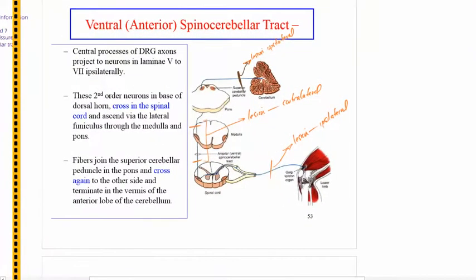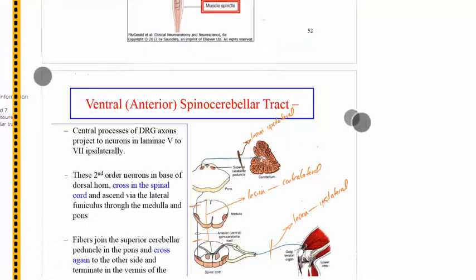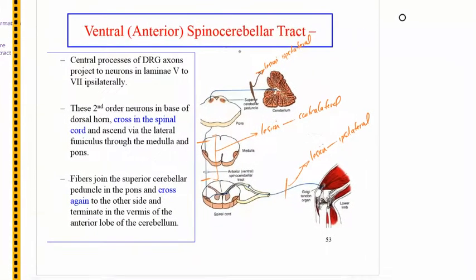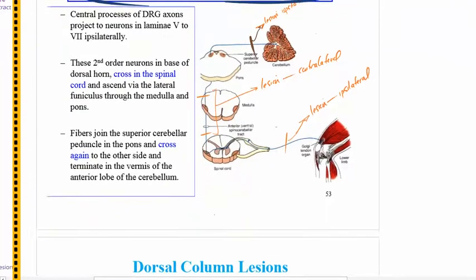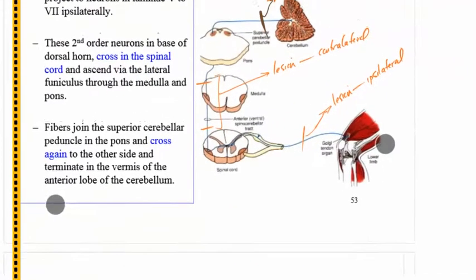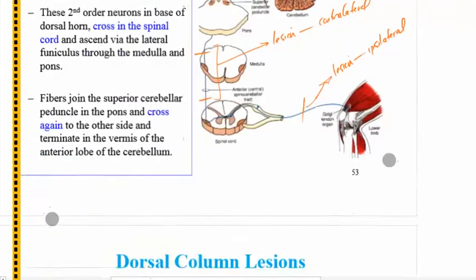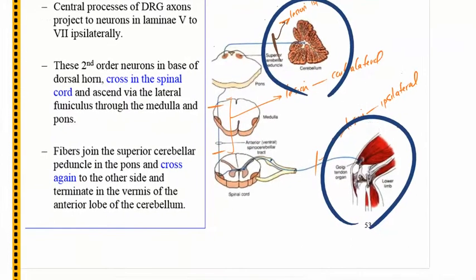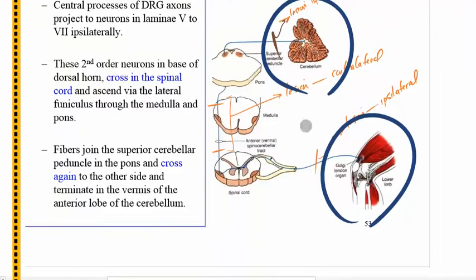All right, so this is more of the confusing one. The ventral spinocerebellar tract is the confusing one because, at the end of the day, it's still going to be on the same side, but it's actually going to decussate two times.